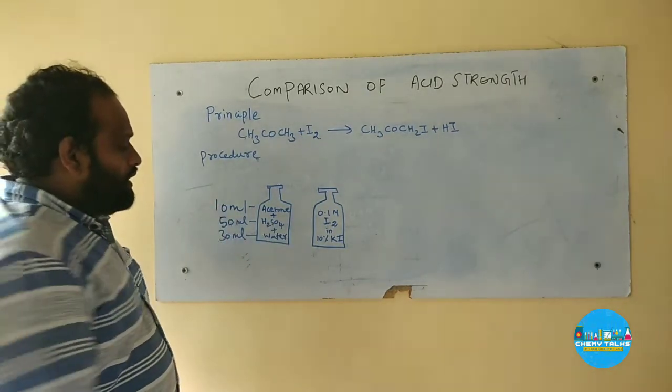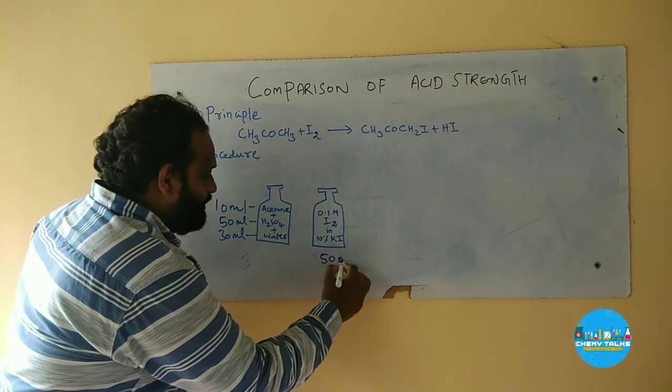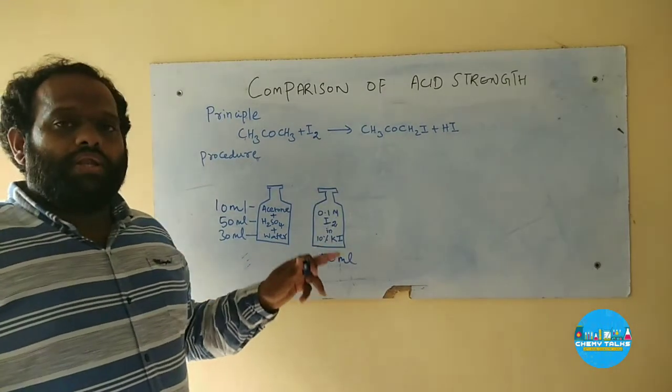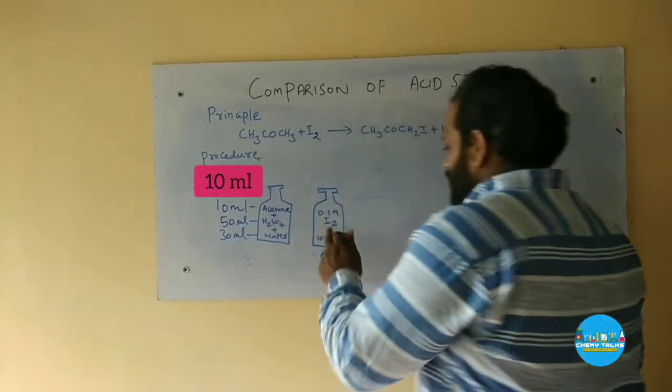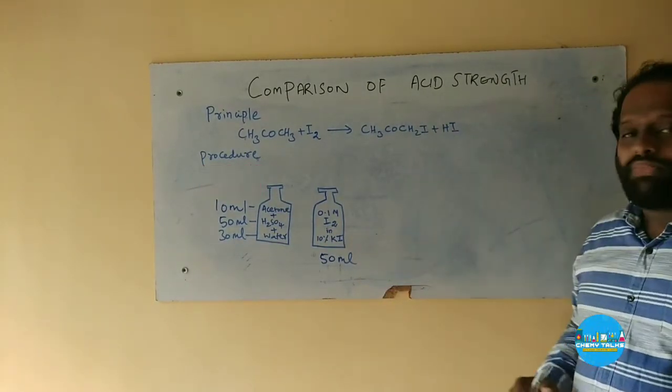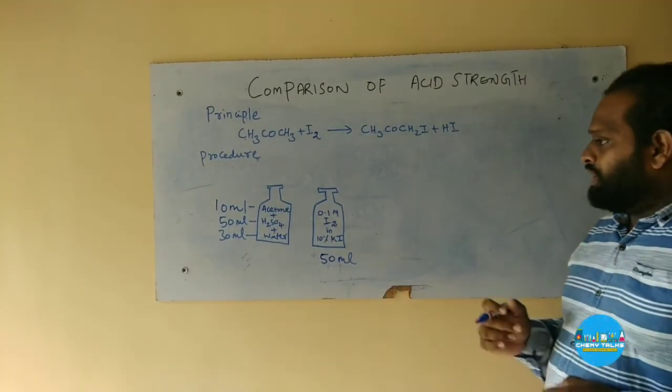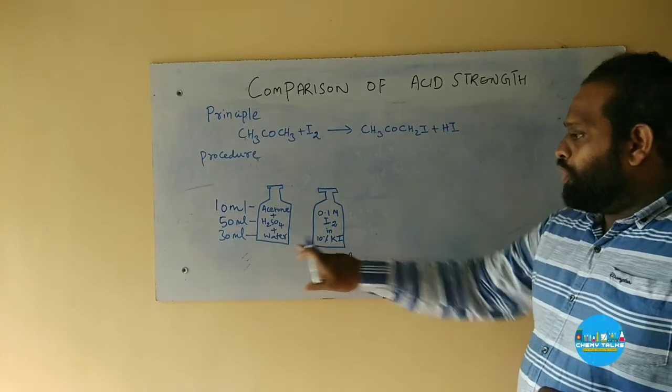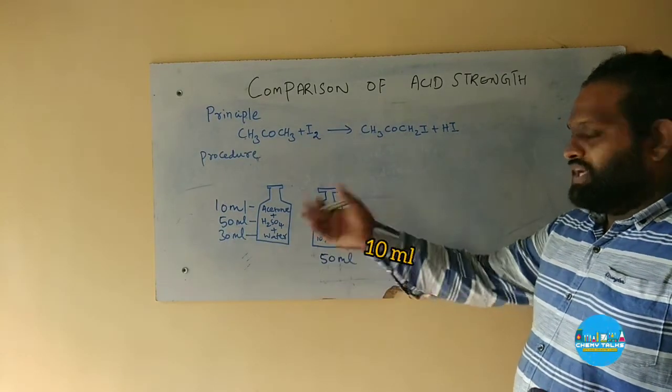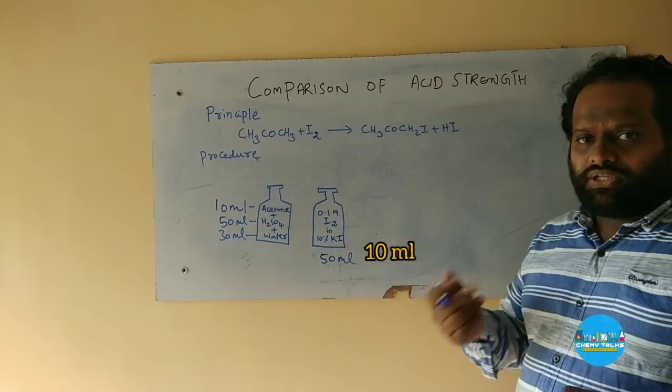The other bottle contains almost 50 ml of 0.1 molar iodine in 10% potassium iodide solution. Both bottles are kept in a thermostat to attain thermal equilibrium.